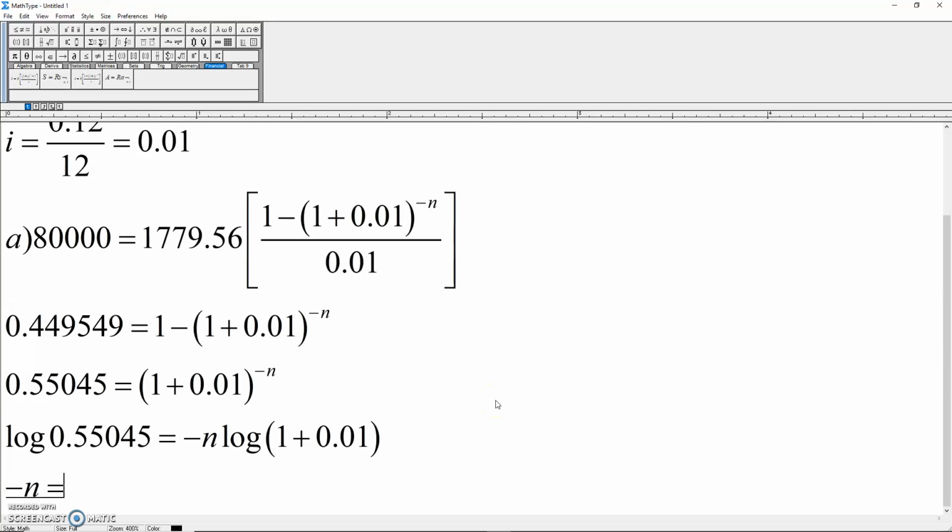Negative n equals log 0.55045 divided by log 1.01.